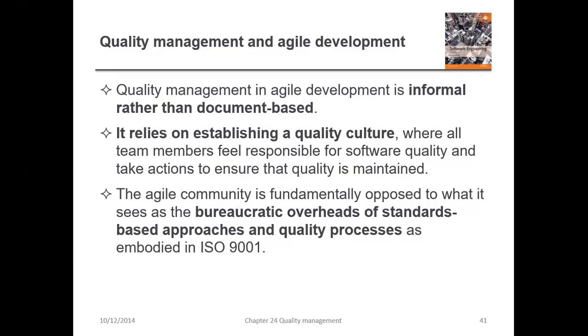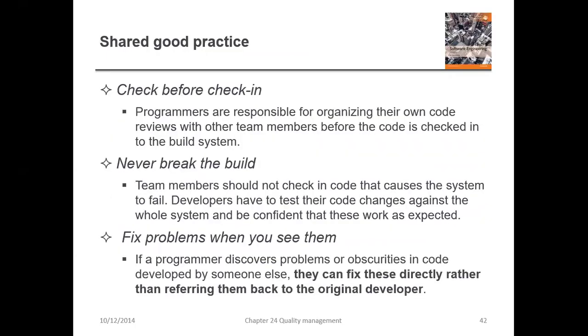So they try to avoid bureaucratic overheads like standards-based approaches, and quality processes like ISO 9001 that we have discussed or will be discussing. So what are some of the practices that will help them achieve quality in the work they do? The agile guys have shared good practice.